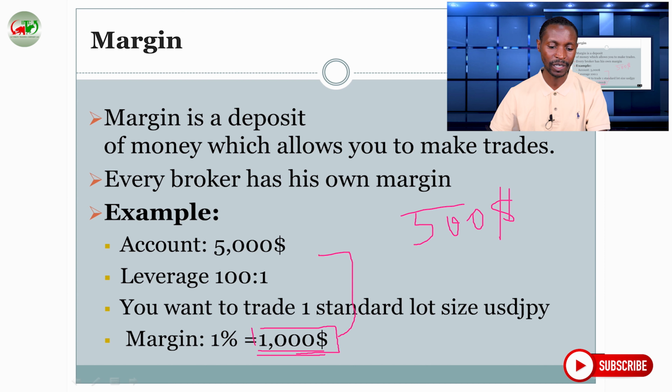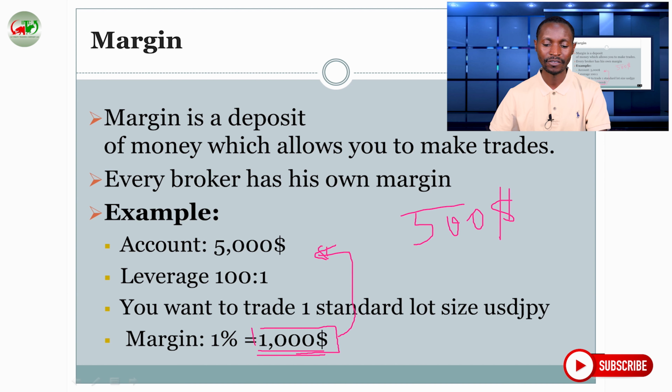So the 1,000 deposit will be returned to your account: 5,000 plus the 500 you earned. After you close the trade, your account will be $5,500.